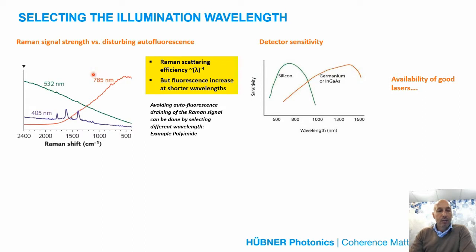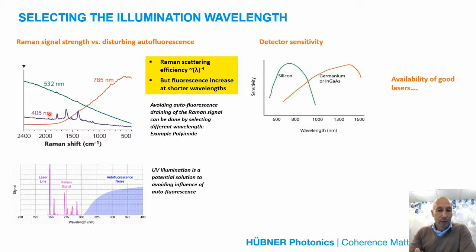It's several Raman spectra of polyimide taken by Yasuko Corporation in Japan. And we can see that in the spectra, both at 542 and 785, the Raman peaks are drained by the background fluorescence, but the Raman peaks can easily be resolved when illuminating at 405.